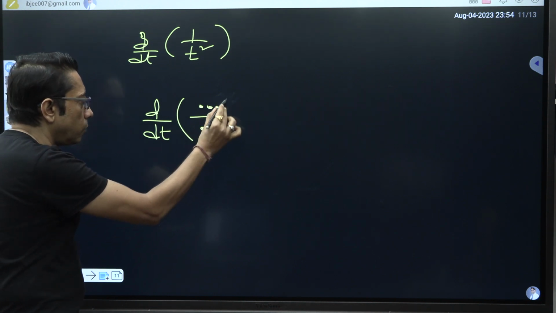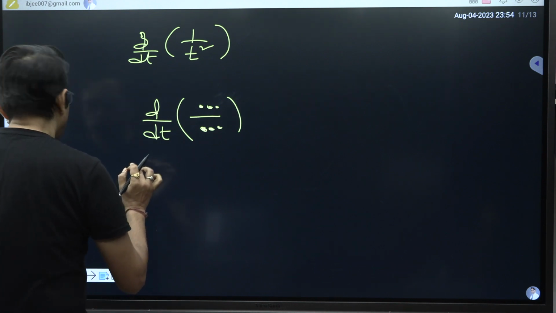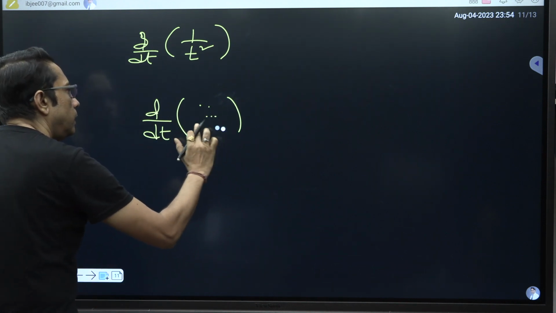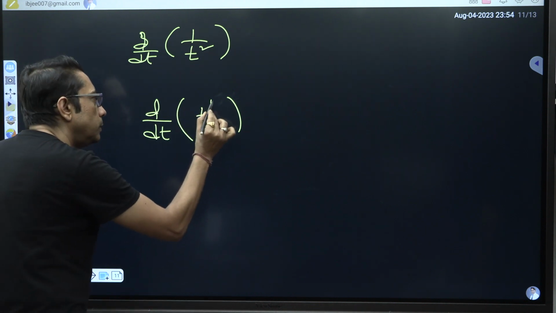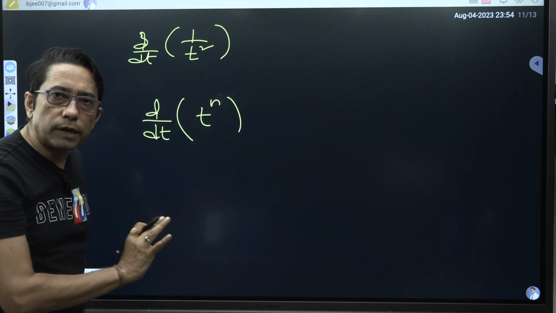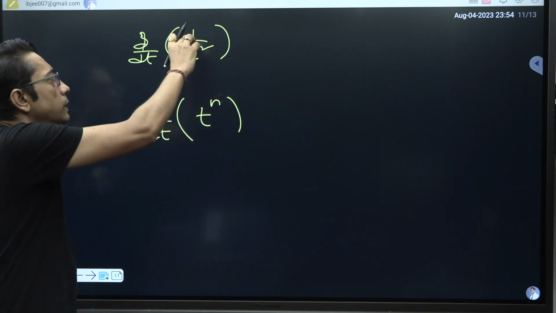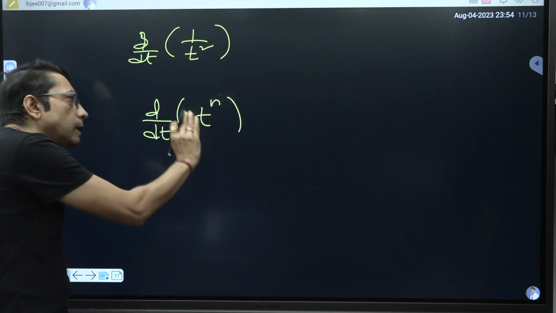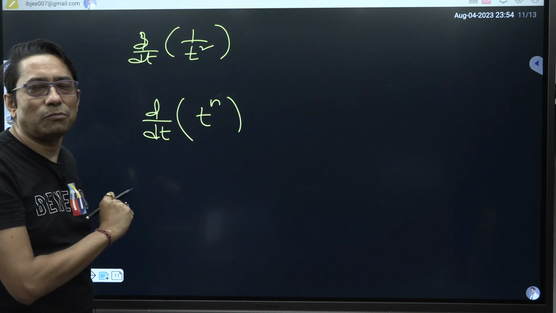We know only this formula, a single expression with a power. That's why we always try to represent any expression in terms of t to the power something and not 1 by something.